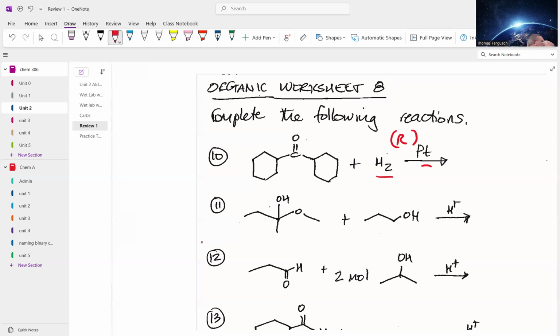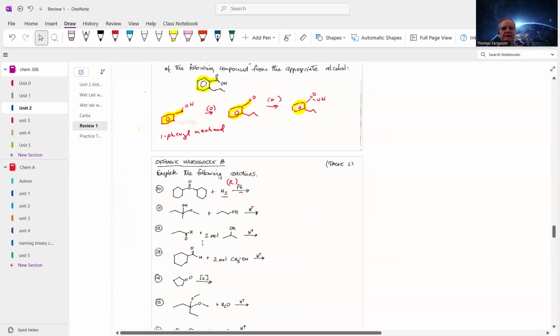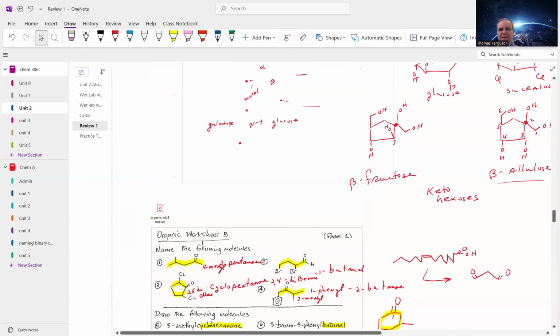So make sure that's in your notes. On your flow chart, when you see R, put H2/Pt. So what does a ketone in a reductive environment look like?